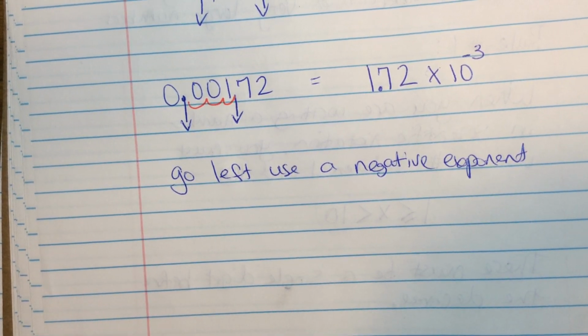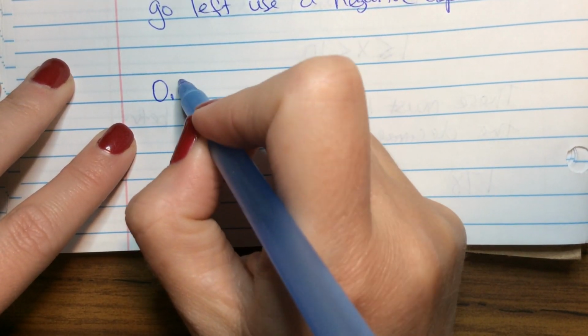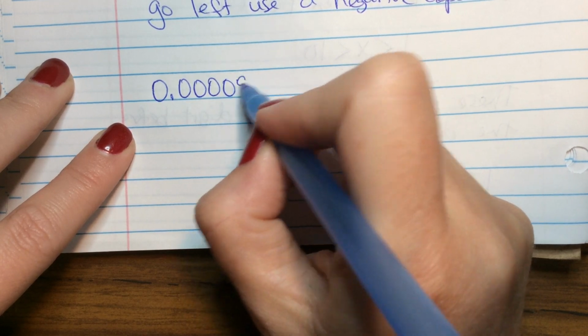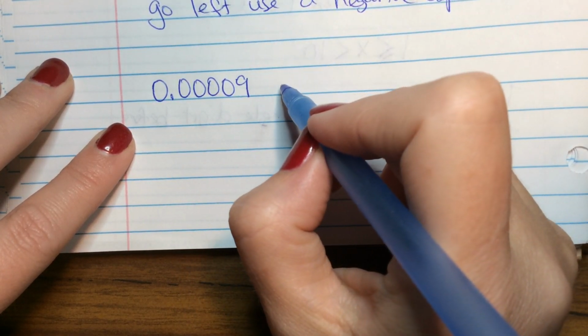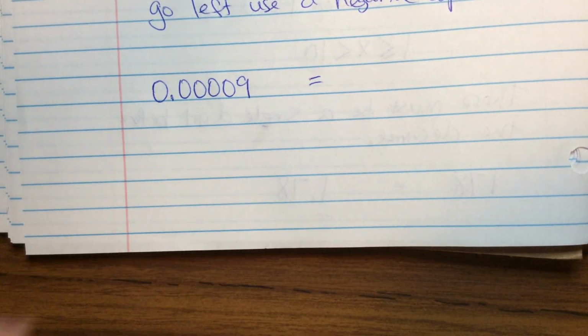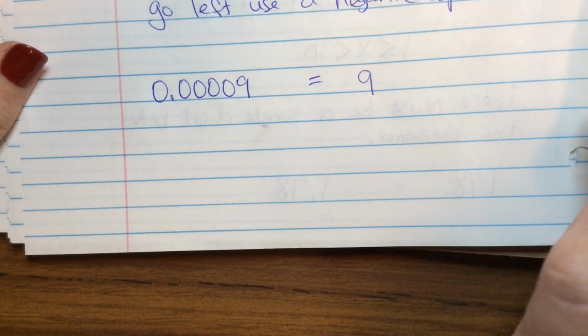All right, I want you to try one. Let's see, 0.00009. Let's do that. All right, so do what you think you should, and then we'll go over and see if you got it right. All right, I only have one significant digit here.